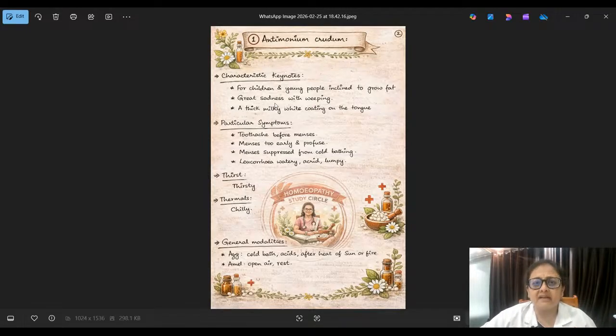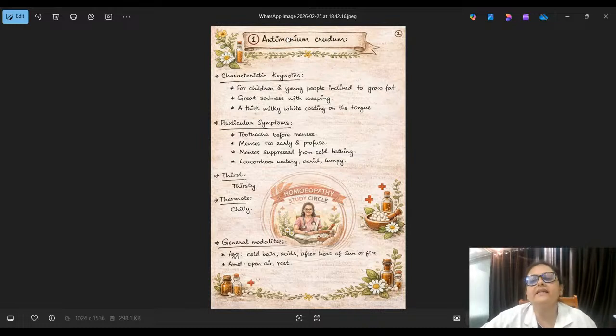But if you are deciding on Antim crude, the girl will be on this side also. Thick milky white coating on the tongue. This runs throughout the remedy, like a red string throughout the remedy. Thick milky white coating on the tongue is there with all symptoms of Antim crude.